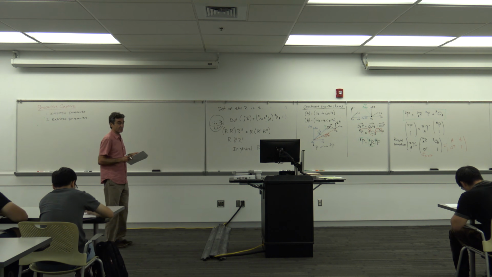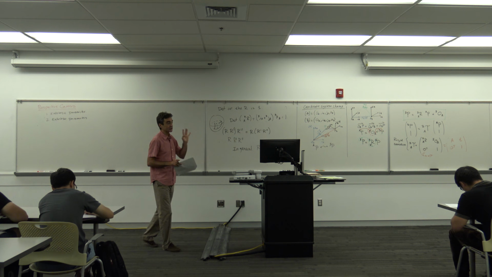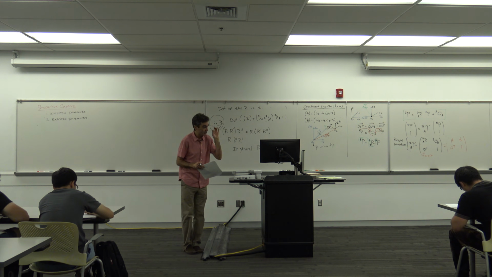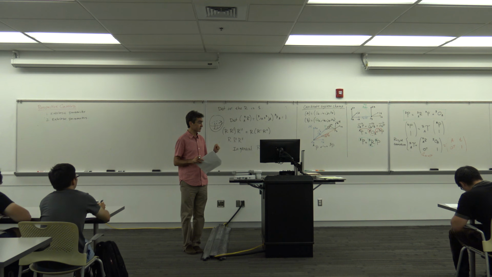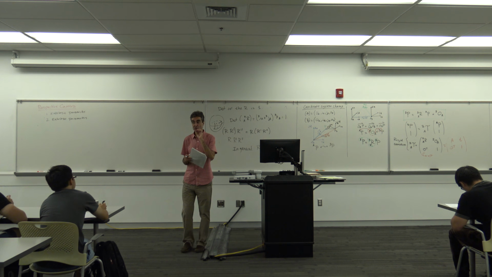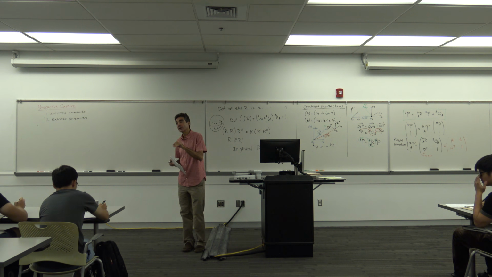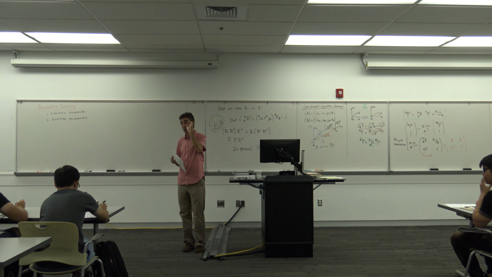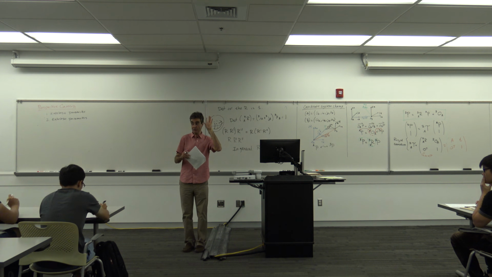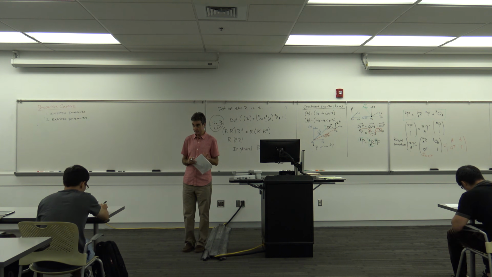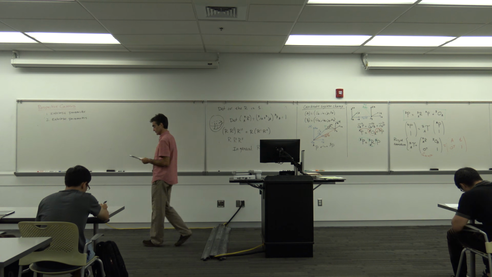Now, the intrinsic parameters include all the parameters of your particular camera. Okay? And the extrinsic parameters are going to define the coordinate system change from the world coordinate system to your camera coordinate system. All right, let's see how this works.